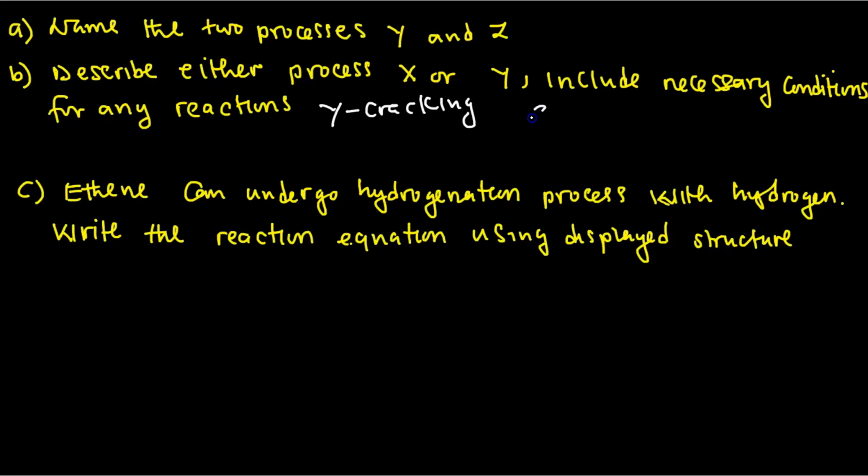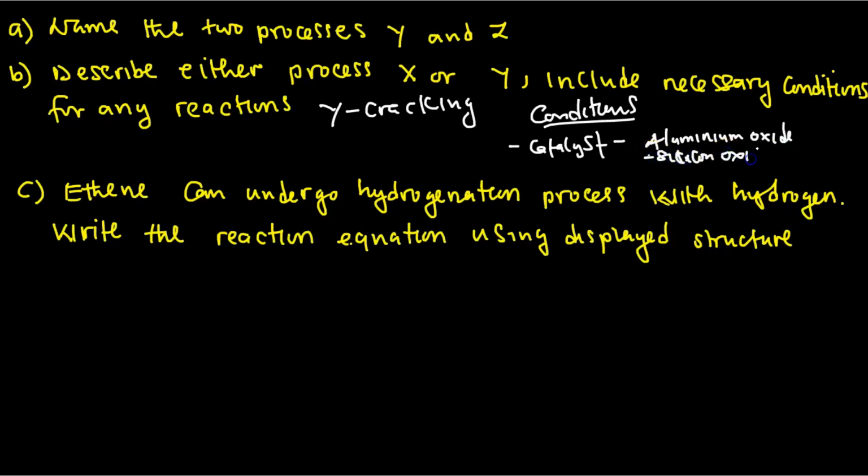Okay. What are the conditions? The condition for cracking is that there should be a catalyst. What is the catalyst that is used in this case? Aluminium oxide, or silicon oxide, which means this is catalytic cracking.